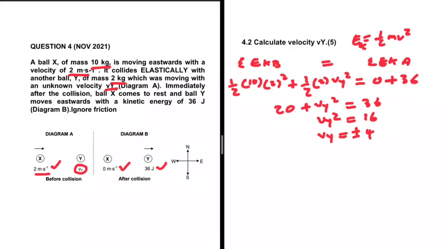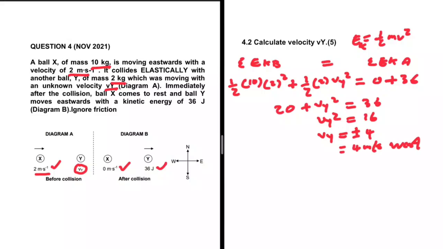But let's take a look at our situation and see what makes sense. Ball Y, initially it's moving to the west. Okay, we can make that conclusion because ball X comes to a stop after colliding with ball Y. So the Vy is 4 meters per second to the west.